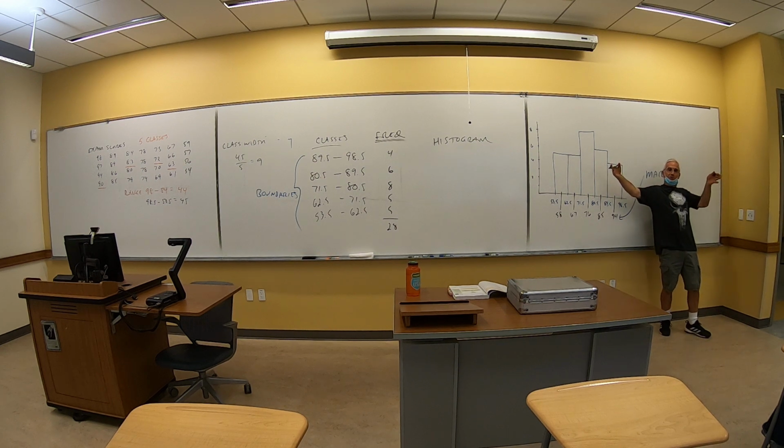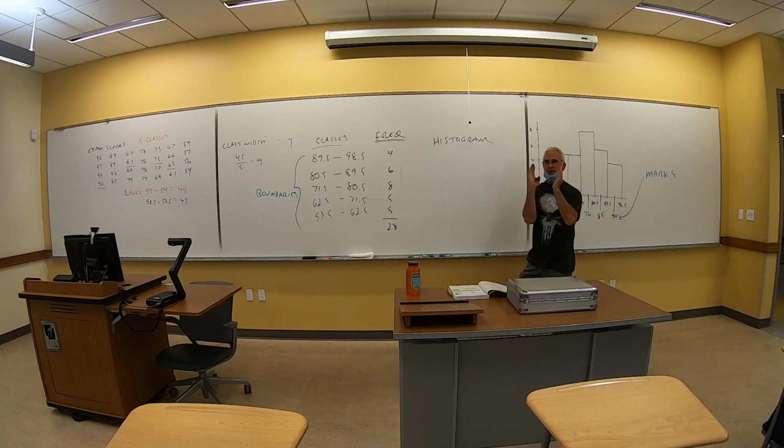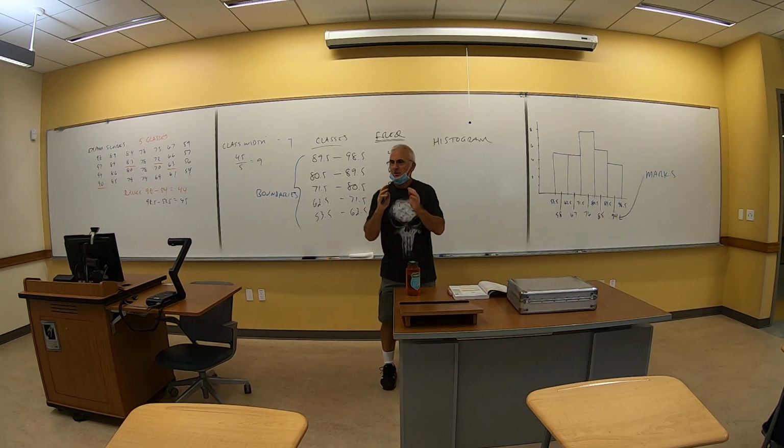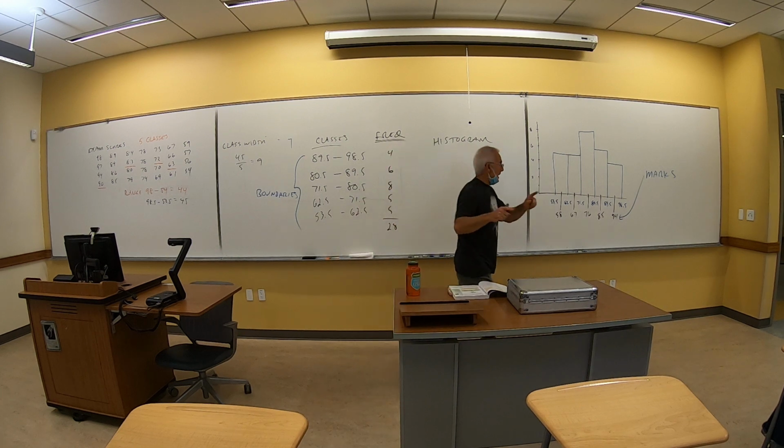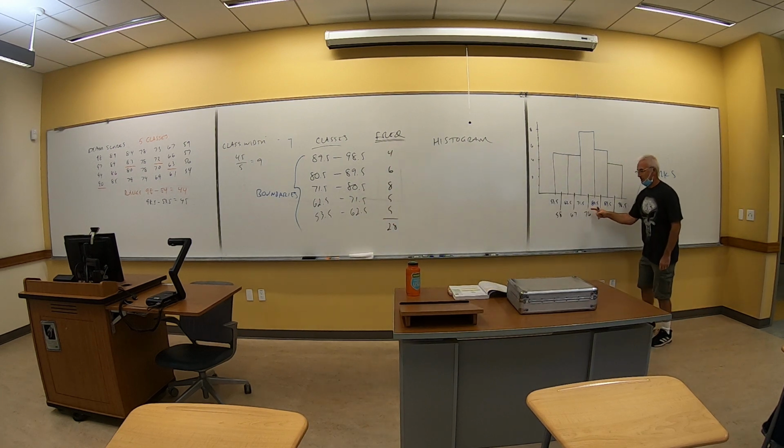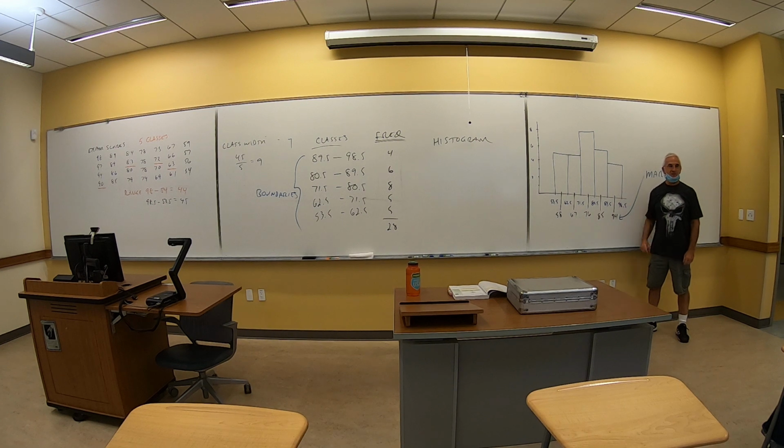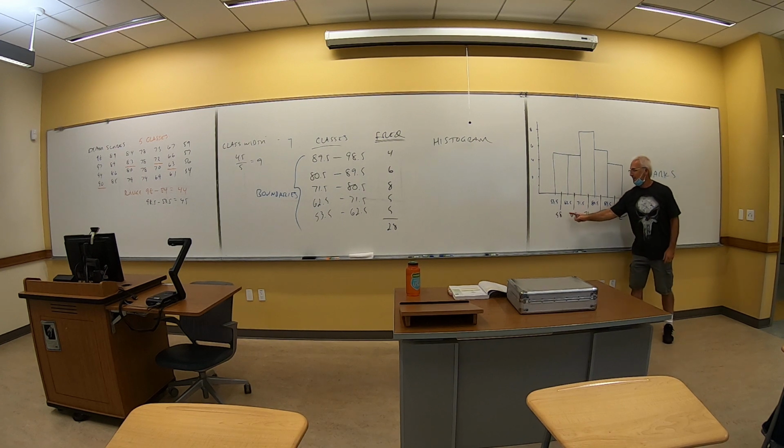Now, if my rectangles were ginormous, yeah, I could put all the numbers in. But you're talking about reading something that's probably smaller. So this is actually up to the statistician. Which way do I want to represent it? And it really doesn't make any difference. Now, all of you told me the class marks from the boundaries by just taking halfway between. What if I only gave you these black numbers?